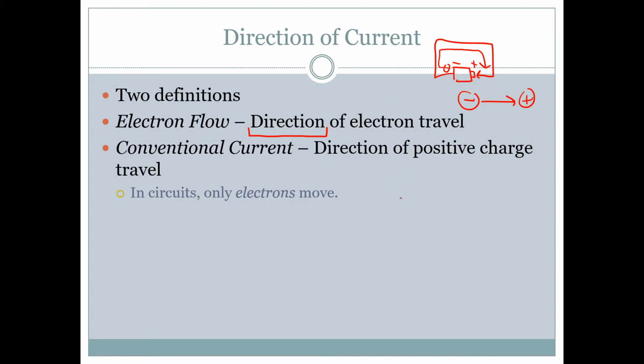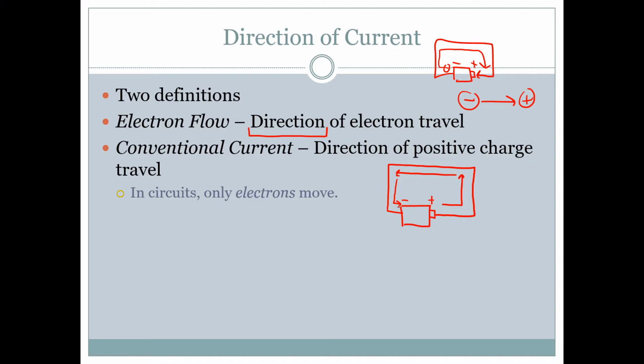Conventional current, however, is the opposite, because for the longest time, when electricity was first discovered, I think it was Thomas Edison, he described the flow of electricity as going from the positive end to the negative end.